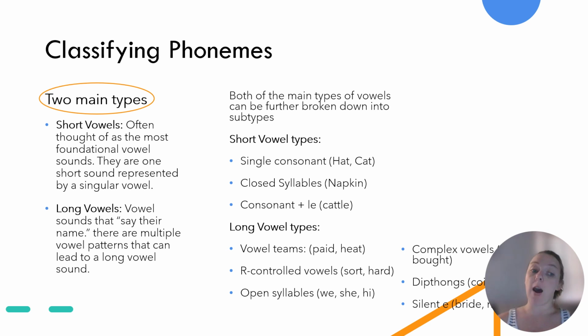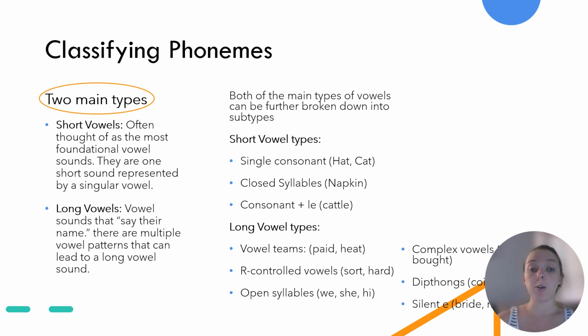Long vowels are vowels that say their name, so A is A, I is I. And there are multiple vowel patterns that can lead to the long vowel sound. So let's break those down a little further.